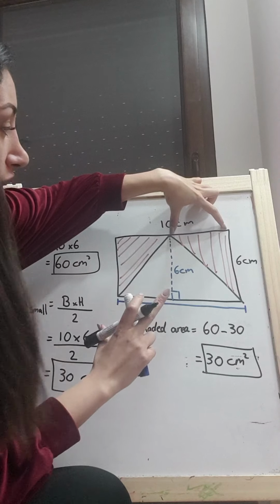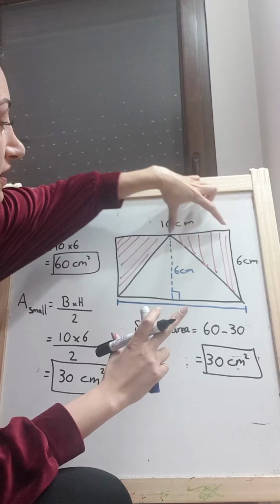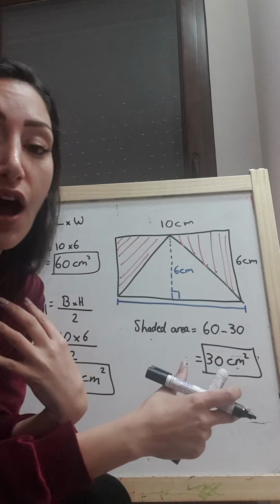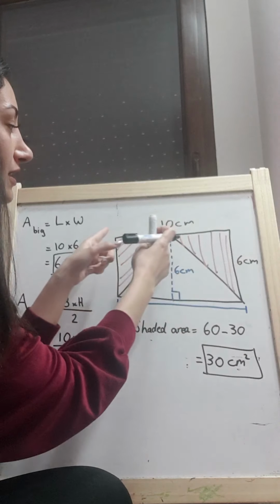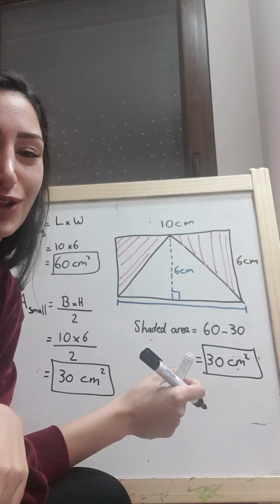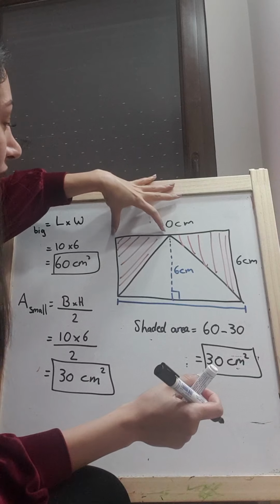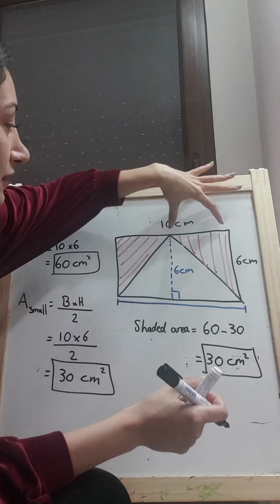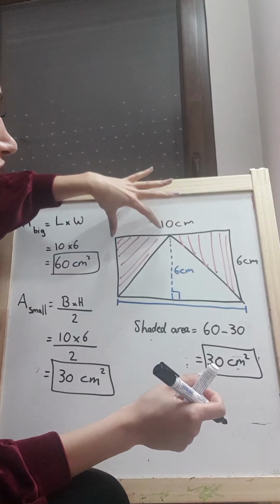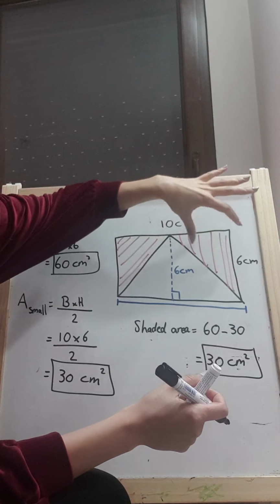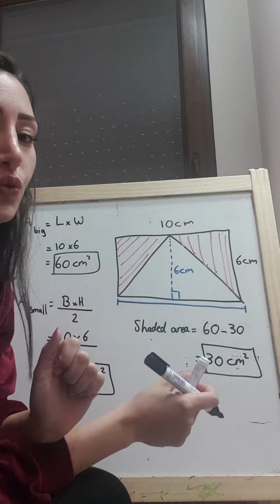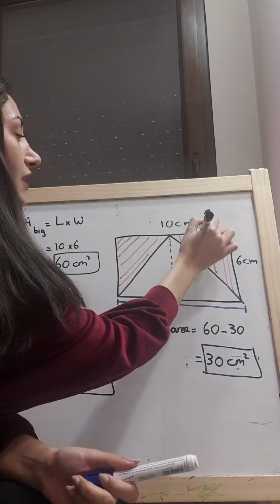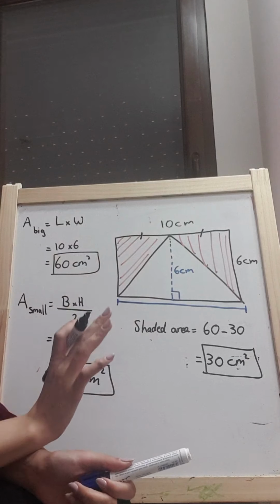From the drawing, it shows that this is equal to this. But did I tell you that this is equal to this? I did not. So you cannot assume that this part is equal to this part and consider it the base or the height of the triangle.